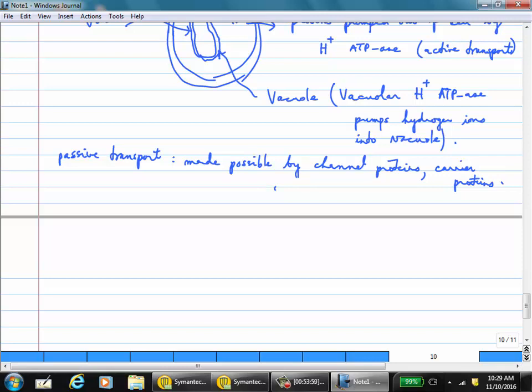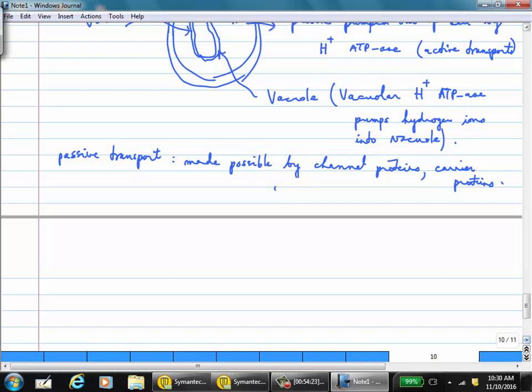And you basically hitch a ride with that molecule, right? So it's like piggybacking, right? So carrier proteins facilitate that, but again, no external input of energy is needed. Some molecule is going through because of the electrochemical gradient, right? It's passing from one side of the membrane to the other, and you just hitched a ride with them, right? And there are many different carrier proteins that are there. We don't have time to discuss all of them. So this is passive transport, right?